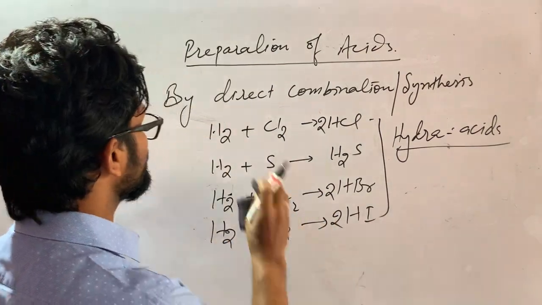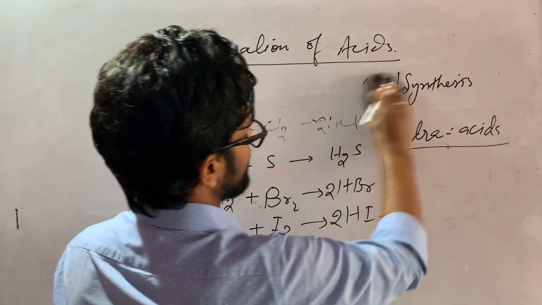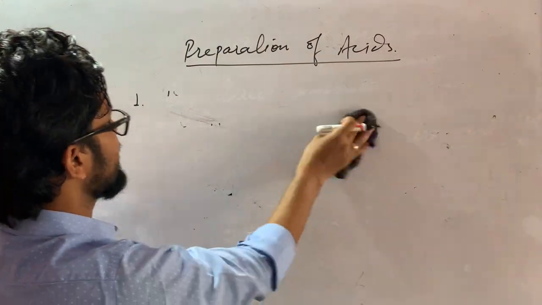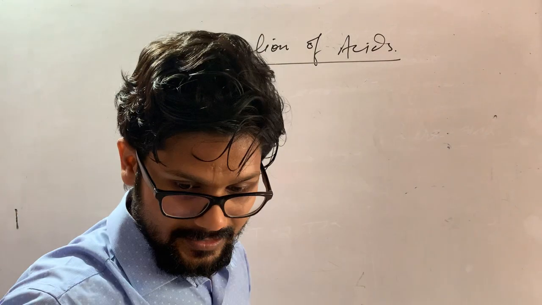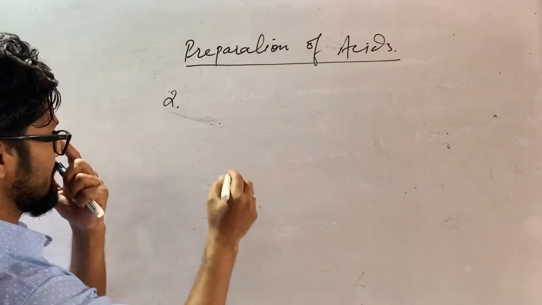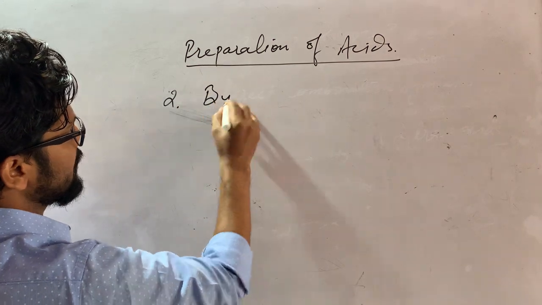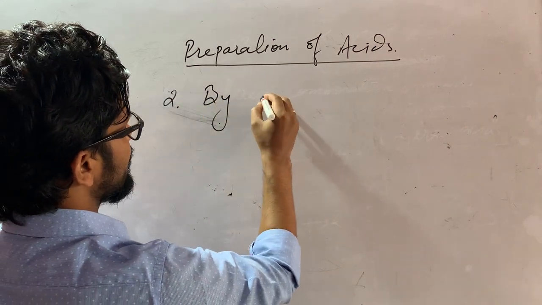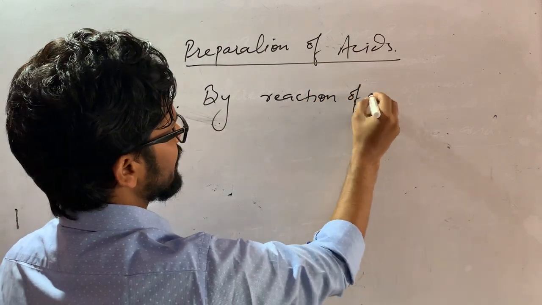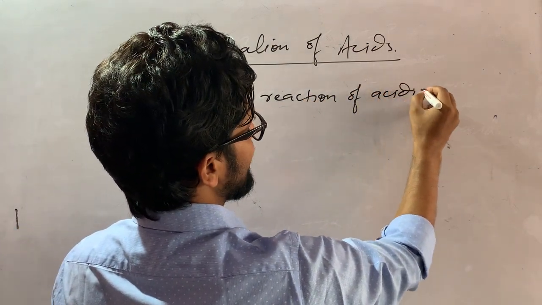Now we are going to see the second method. It is a very simple method and you have to learn the reactions. The second method is by reaction of acidic oxide.